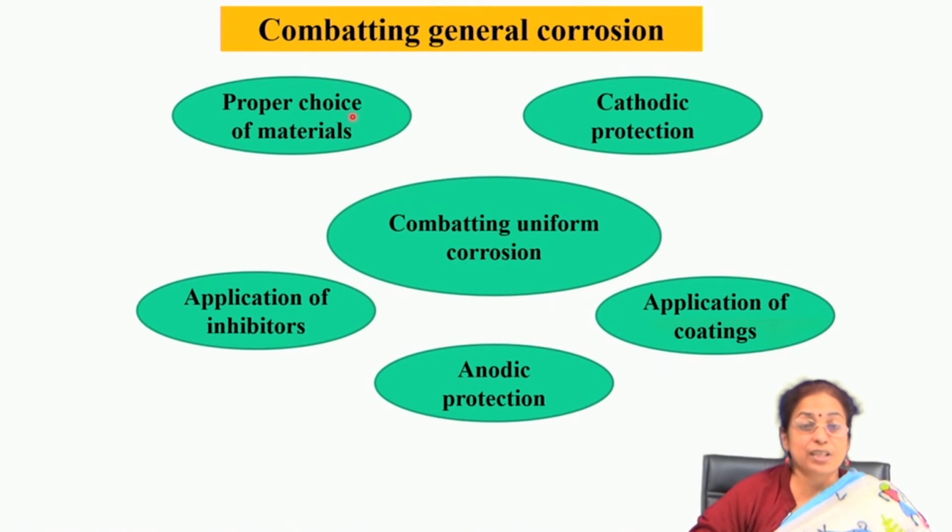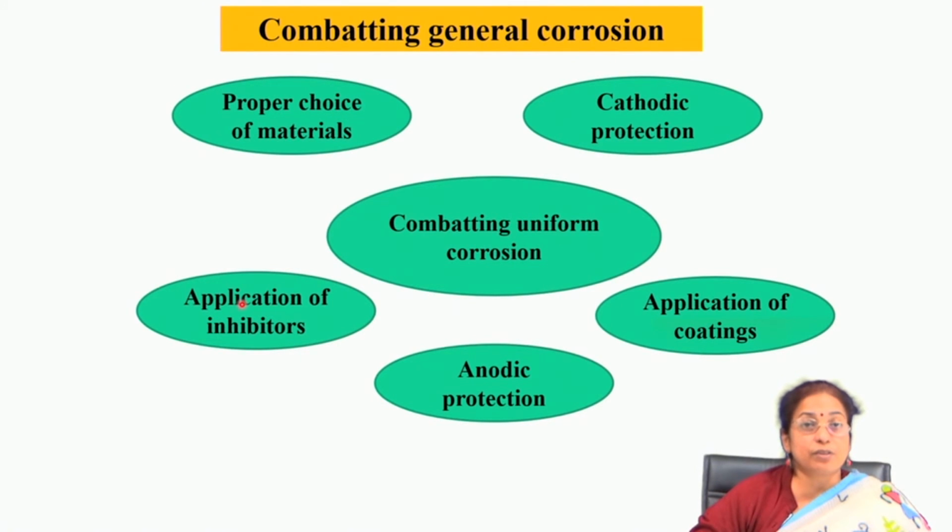So, the proper combination of materials is very important, so that you can minimize the probability of corrosion. Another way of minimizing the probability of corrosion is by application of inhibitors, which actually control the environment. You can use different types, cathodic inhibitors, anodic inhibitors; all those things will be discussed again a little in detail.